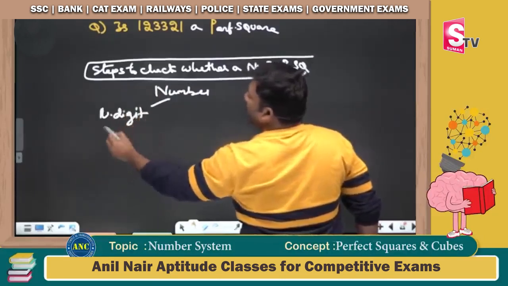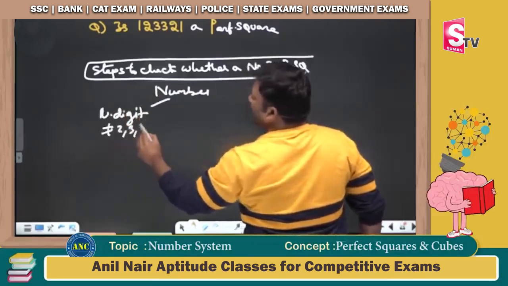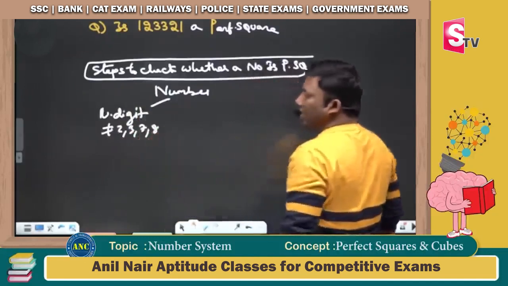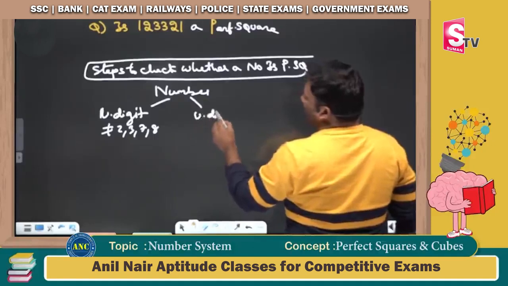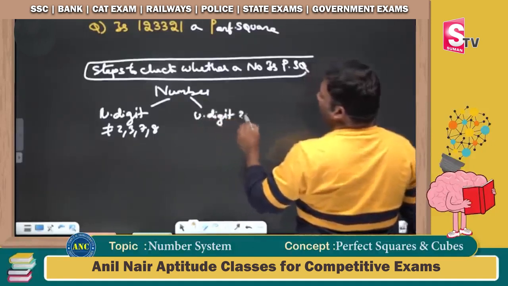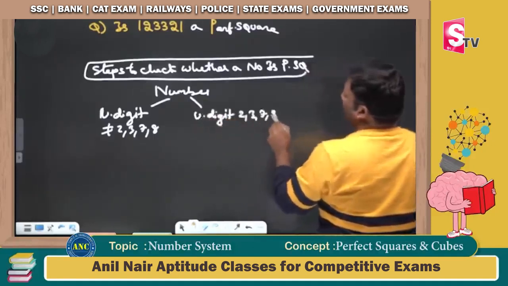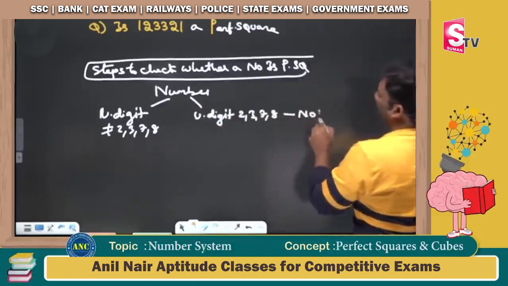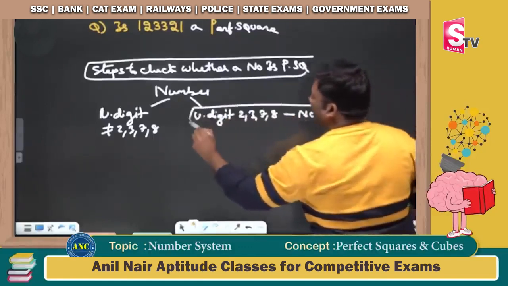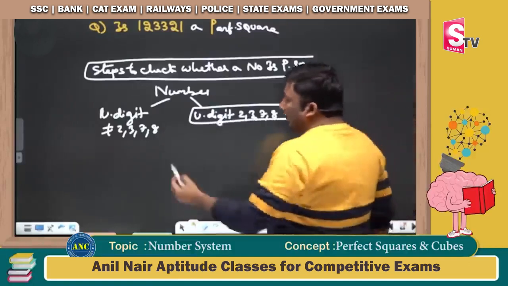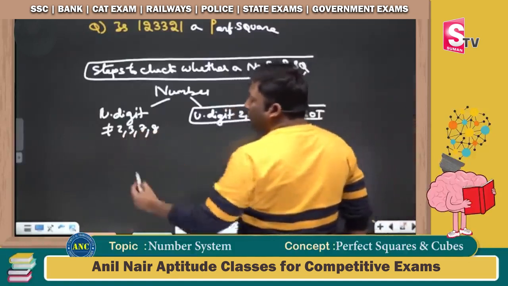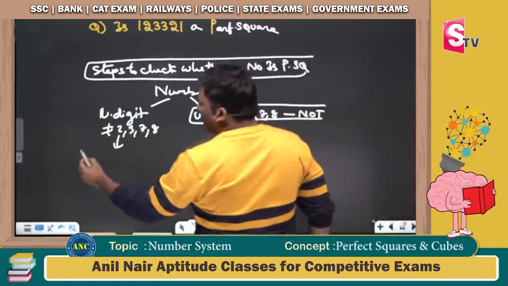The unit digit cannot be 2, 3, 7 or 8. If the unit digit is 2, 3, 7 or 8, then it is not a perfect square. If the unit digit is not 2, 3, 7 or 8, go to the next step.